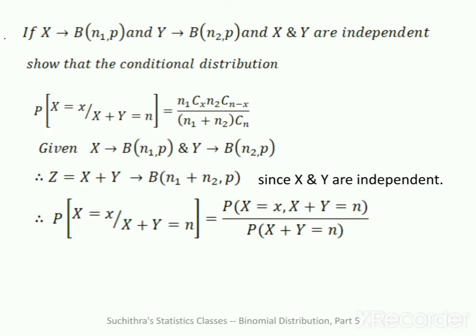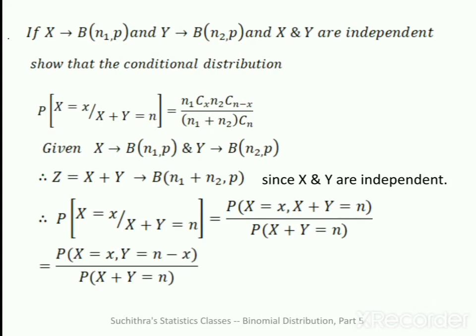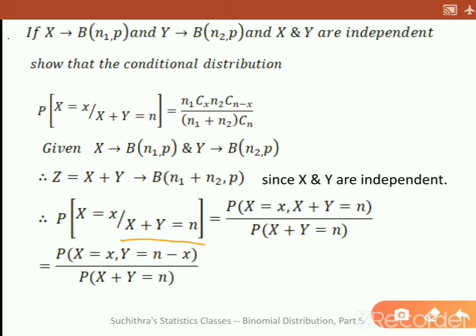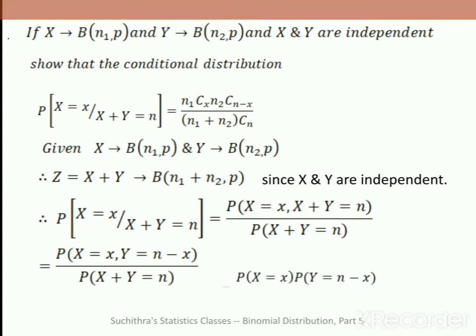Therefore, P of X equal to small x given X plus Y equal to n is P of X equal to x, X plus Y equal to n divided by P of X plus Y equal to n. That is equal to P of X equal to small x, and when we apply small x to the capital X, we can rewrite Y as n minus small x, divided by P of X plus Y equal to n.